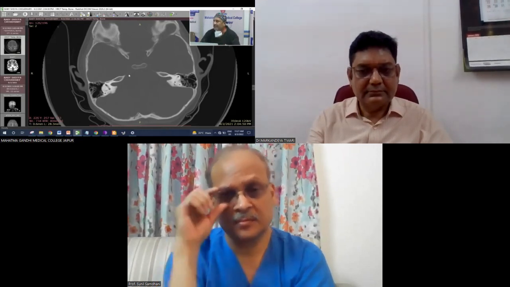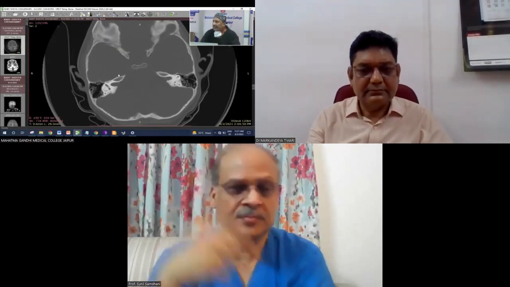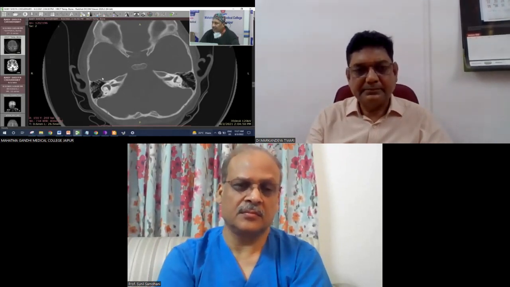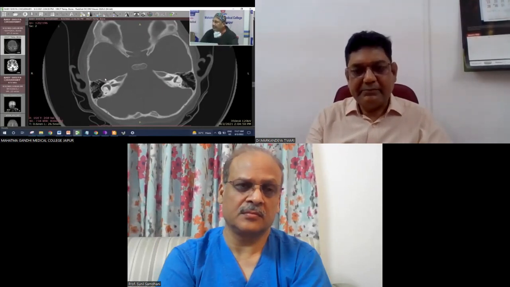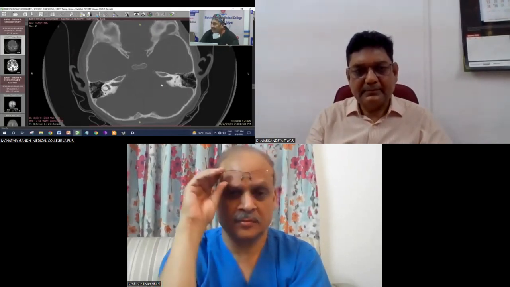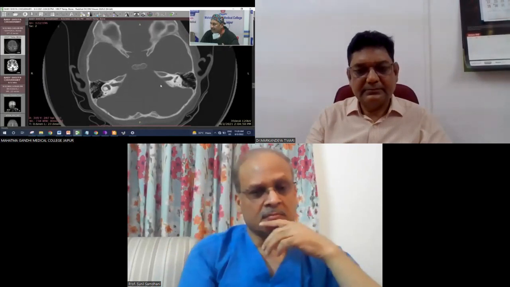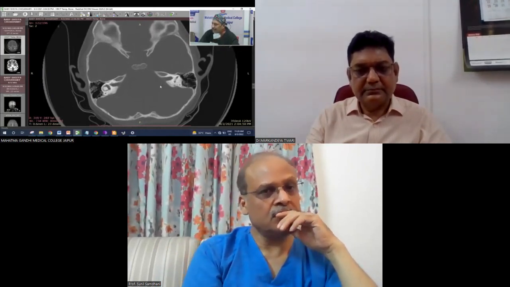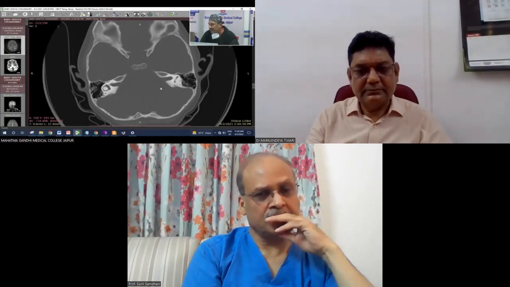A high-resolution CT scan of the temporal bone has to be read from different perspectives when you plan different surgical procedures. For example, if I am planning otosclerosis surgery, we have a case of otosclerosis today to demonstrate, I will be reading the CT scan from a different perspective to look at those important details more relevant to otosclerosis surgery.